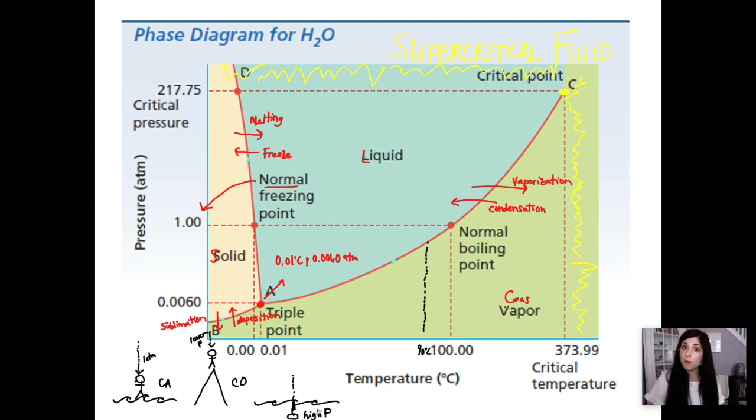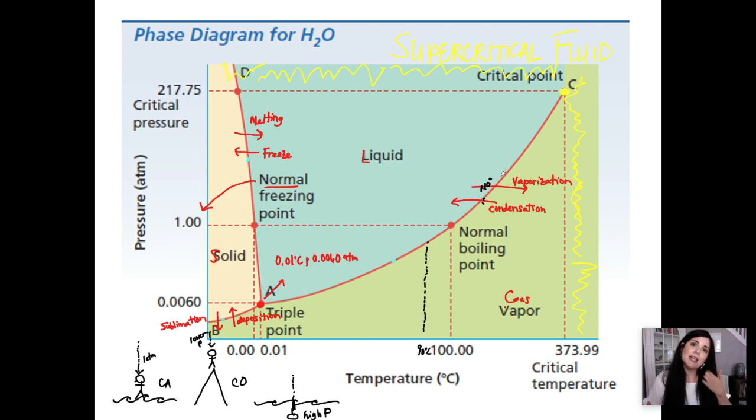But if you're at a higher pressure, what's going to happen to the normal boiling point? If you're at a higher pressure below sea level, so here we're going up, higher pressure, the boiling point for water actually increases. Maybe it's 110 degrees Celsius. So depending on the pressure, the boiling point can change.